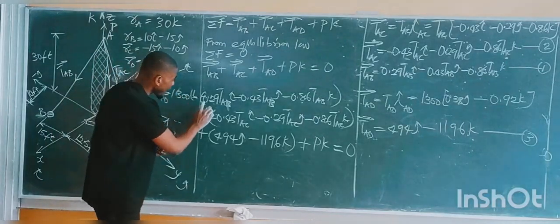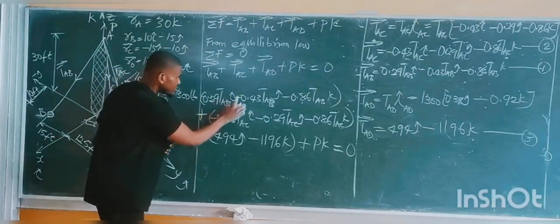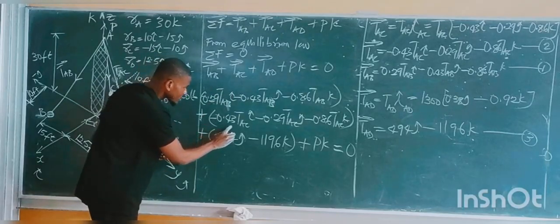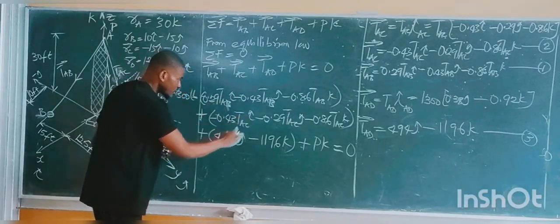Here, I have 0.29 TAB in the I direction, and I have minus 0.43 TAC also in the I direction, so I can add these two. I will have 0.29 TAB minus 0.43 TAC, all in the I direction. Next, in the J direction, we have minus 0.43 TAB J, minus 0.29 TAC J, and 494J.